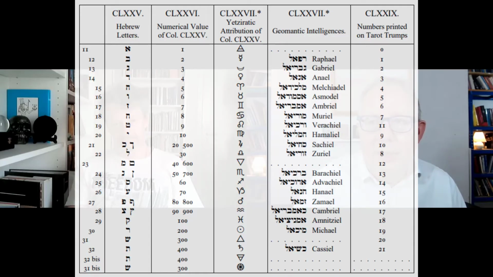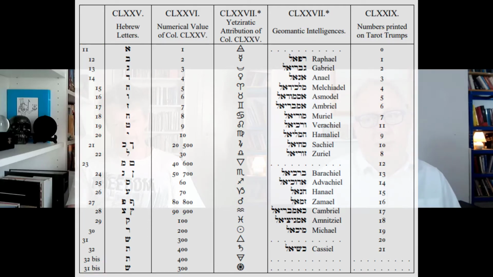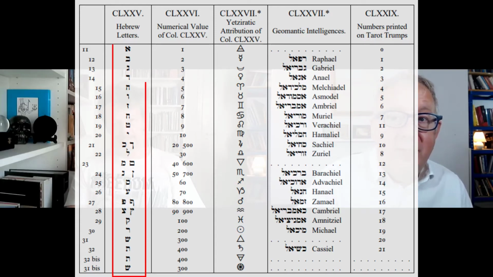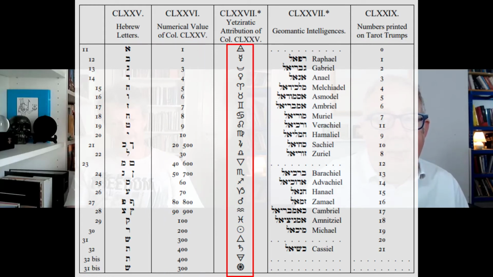There are two other tables. There is one which gives you the 11 to 31 bis, which is the 22 paths of the Major Arcana, and it has the column CLXXV. My Roman numerals aren't very good. That gives the Hebrew letters, the numerical value of the Hebrew letters, and the Yetziratic attribution.